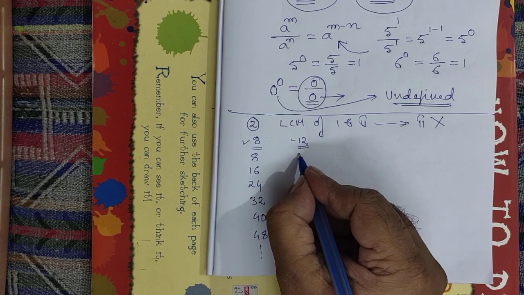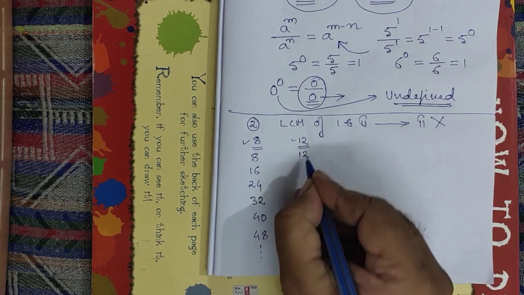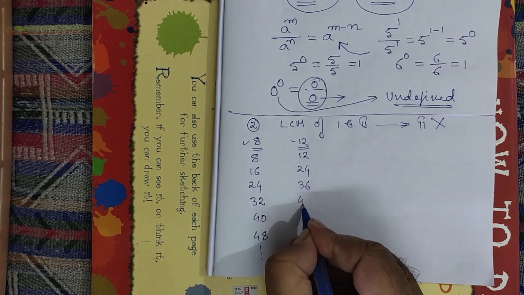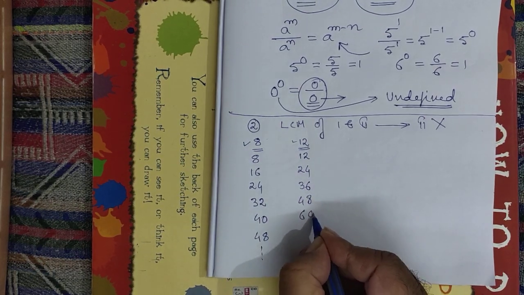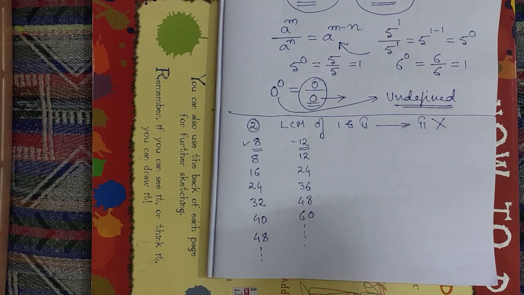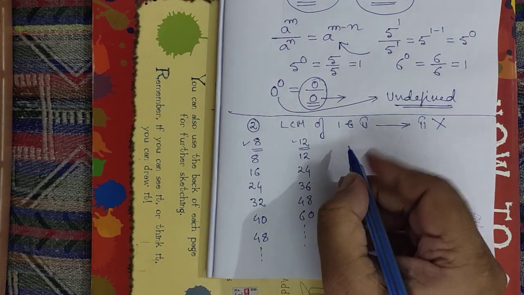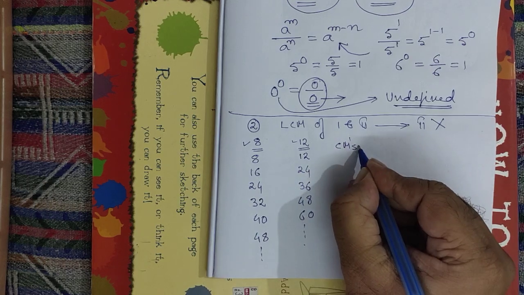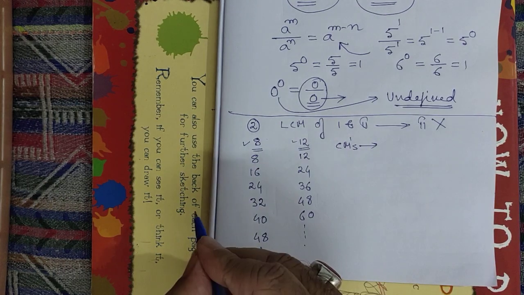Similarly, if I write the multiples of 12, it will be 12, 24, 36, 48, 60. In this way, it will go on moving. So, now if I ask you, what are the common multiples between the two numbers?